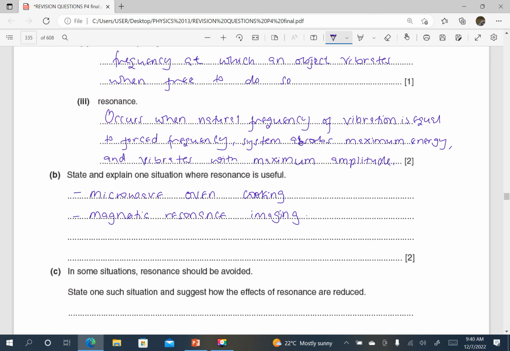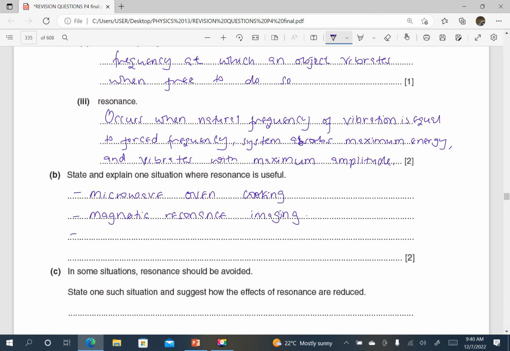Number three, we have seen resonance being used in quasi-crystals, in the piezoelectric crystals, for accurate timing or to maximize amplitude of ultrasound waves or to maximize production of ultrasound waves.